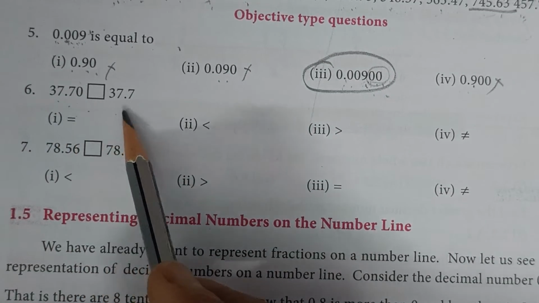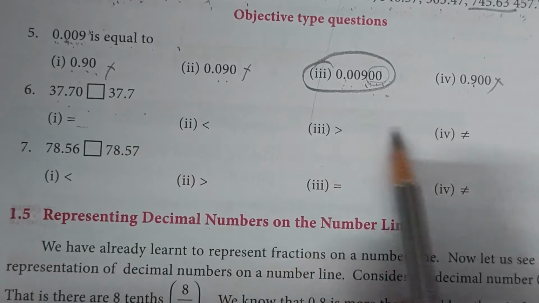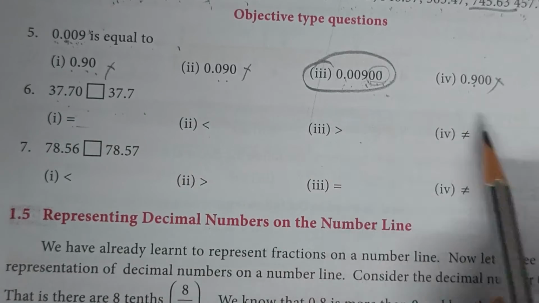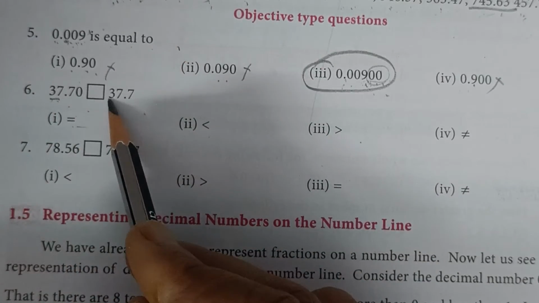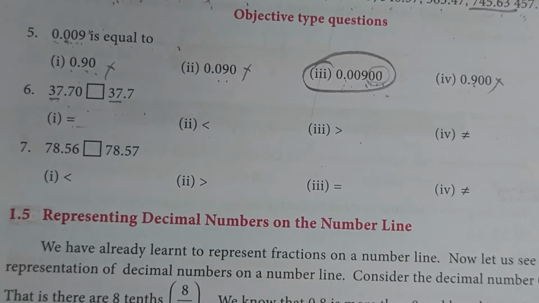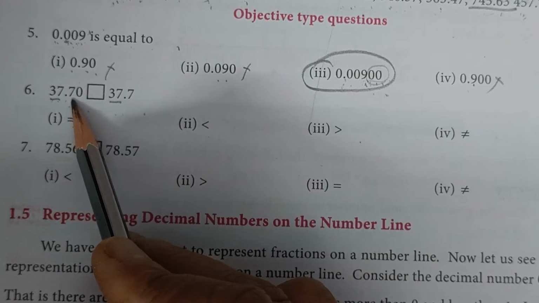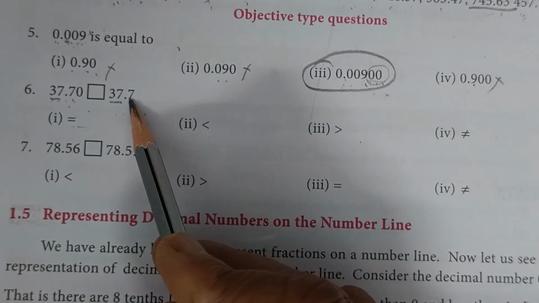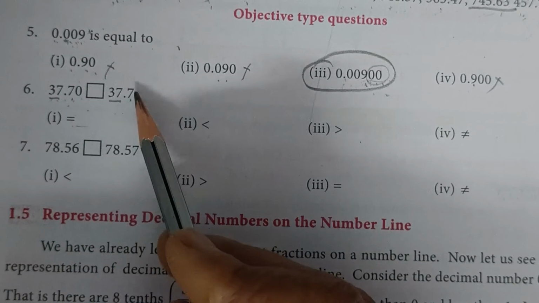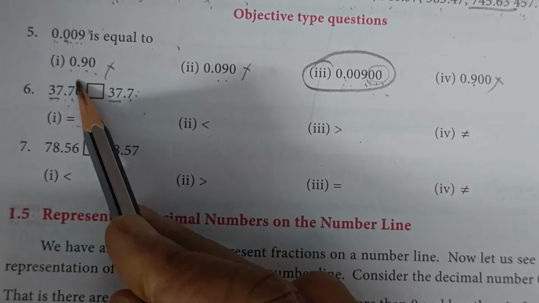Next, 37.70 and 37.7. We have to compare them: equal to, less than, greater than, not equal to. 37, 37, whole numbers are the same. Then after the point, 7/10th, 7/10th, both are equal. In the 100th place there is nothing. That means this 0 has no value.